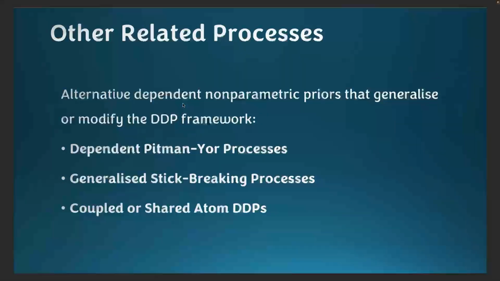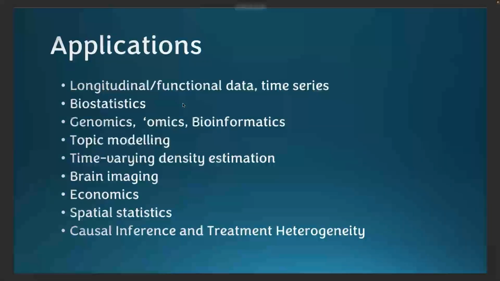Once again, similar ideas to the DDP have been extended to other nonparametric priors. So, for example, the dependent Pitman-Yor process, the elastic spacing process, complete or shared atom DDP. There are a lot of extensions, and Antonio also spoke a lot about them.